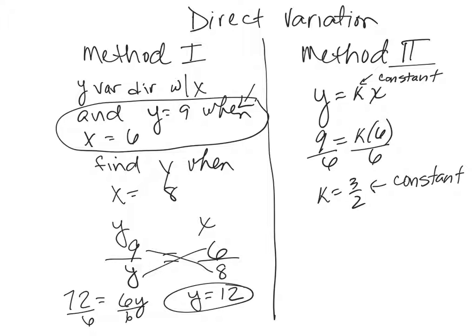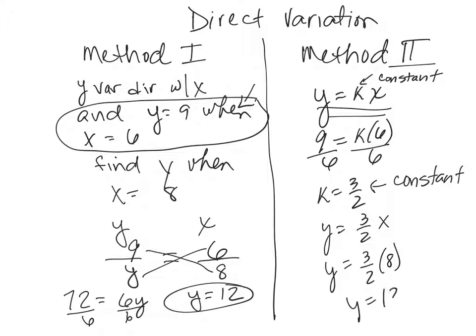So we write the equation as now y equals 3/2 x, because we use this equation up here, and we just plug in the k that we found. And now it says find y when x equals 8. And so y equals 12. When you multiply 3/2 by 8, you get 12.